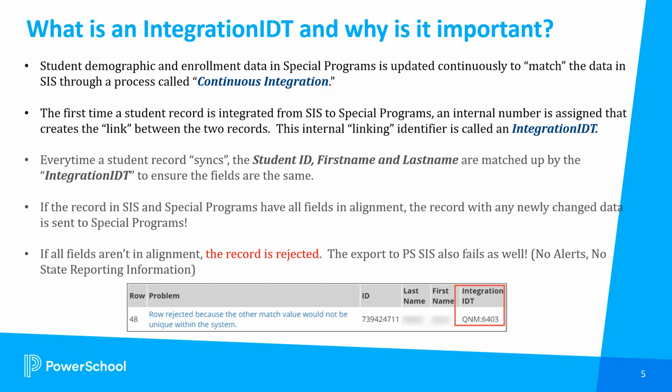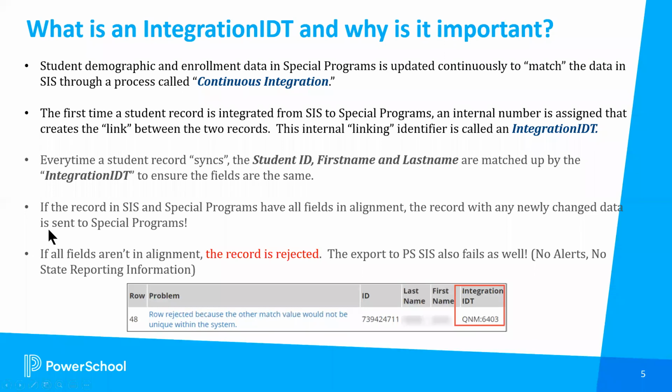Now, it's very important, because what it looks at when it's authenticating or syncing against each other is it says, okay, I have two records that have the same integration ID, okay? And is the student ID the same? Is the first name and the last name the same?